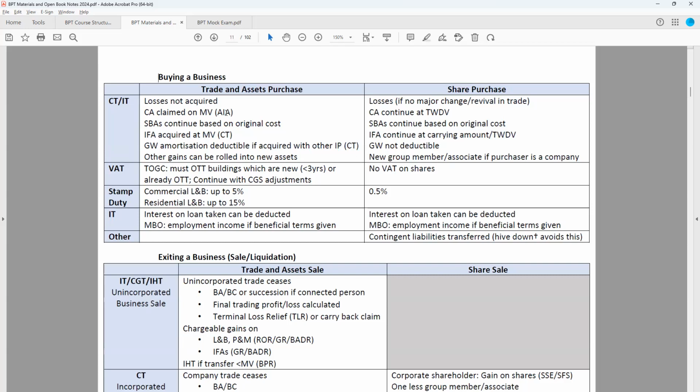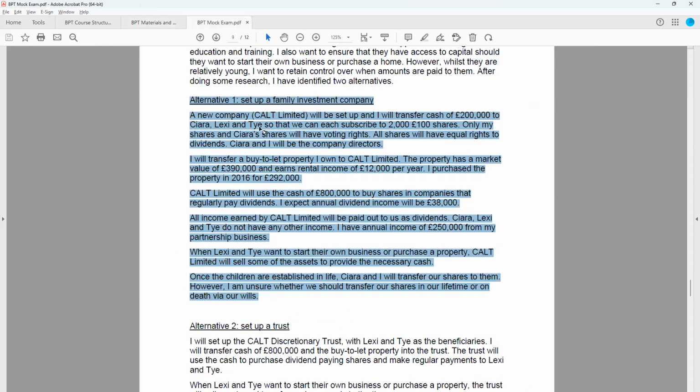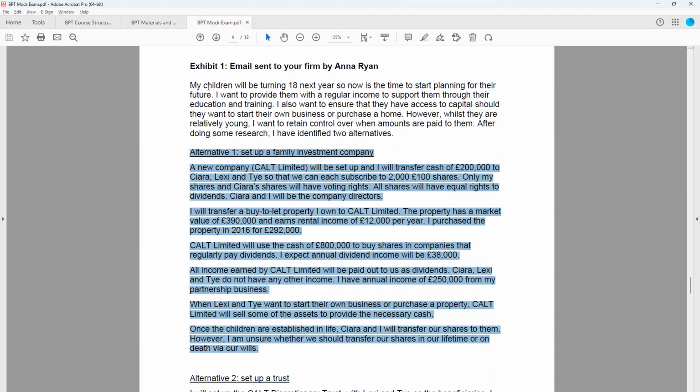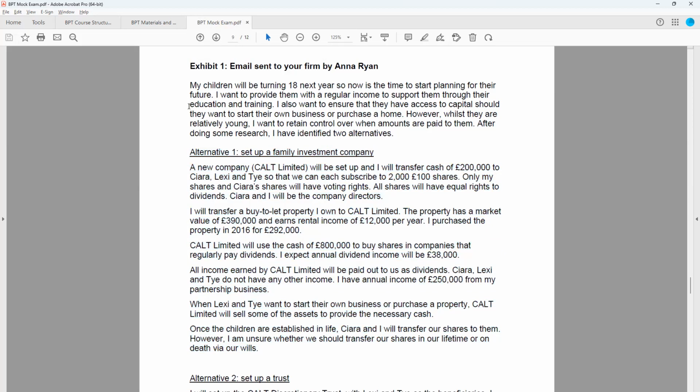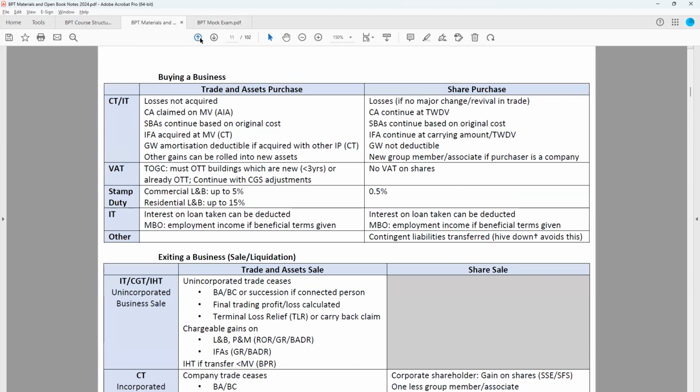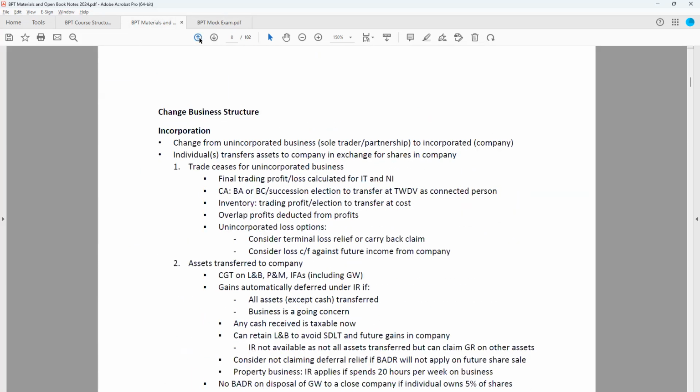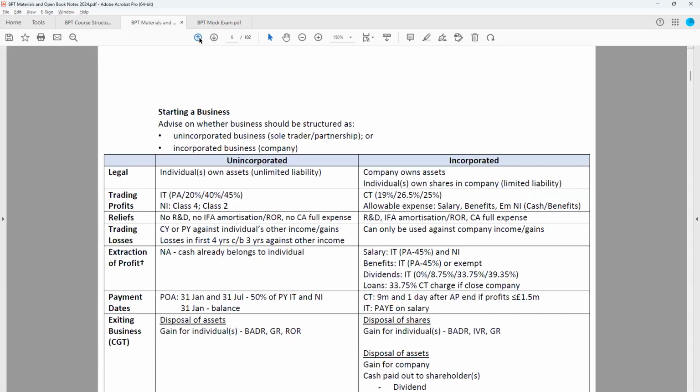So another important point to appreciate when you're reading through the scenario, make sure you identify exactly what is going on in the scenario. There can often be some confusion amongst students about when a company is involved and how it is then taxed, or thinking that somehow individuals own the assets of the company.